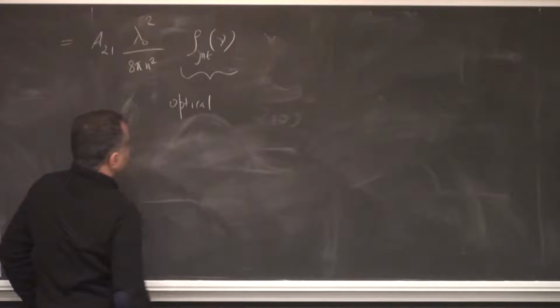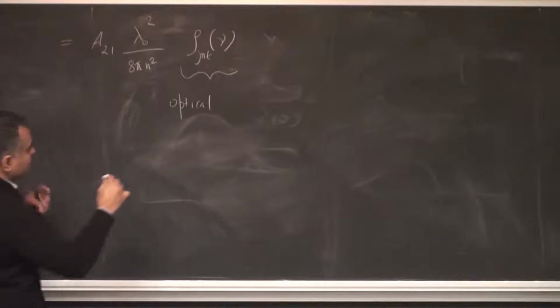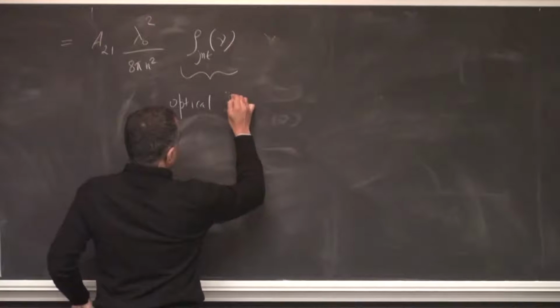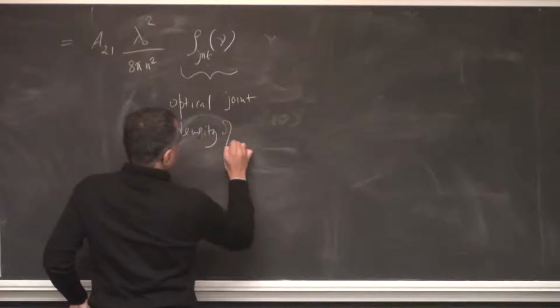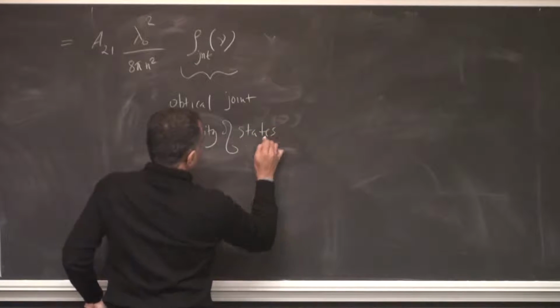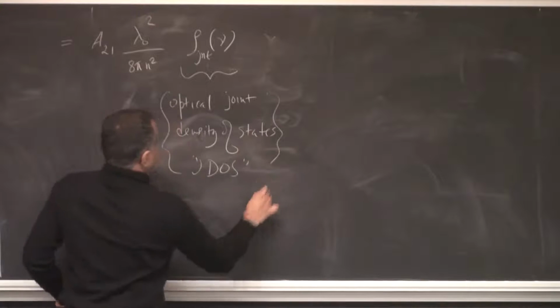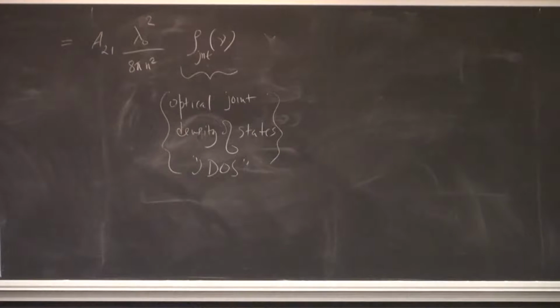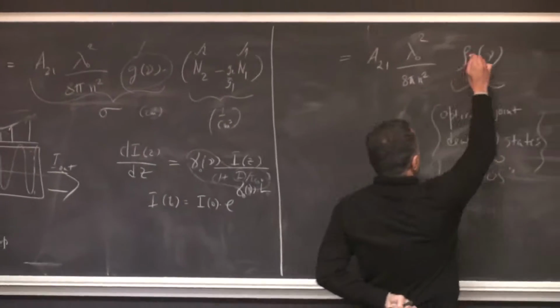It is extremely characteristic of the photon energy and the semiconductor you choose. It has all the information of the semiconductor as well as the photon energy in it. So the line shape gets replaced by this optical joint density of states.